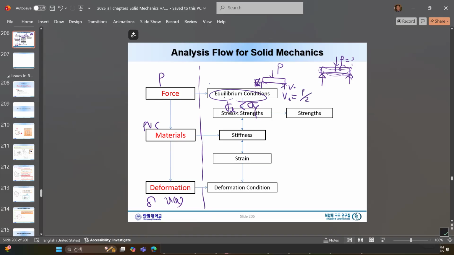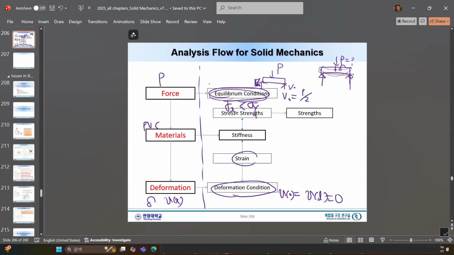So anyhow, equilibrium and deformation condition. What is the deformation condition here? Deformation: V at x equal 0 and V at x equal L, what do we have? This has to be 0 because we are simply supported. See, we support it here, and then we deflect. So at both ends, no deflection, only the central load will deform.